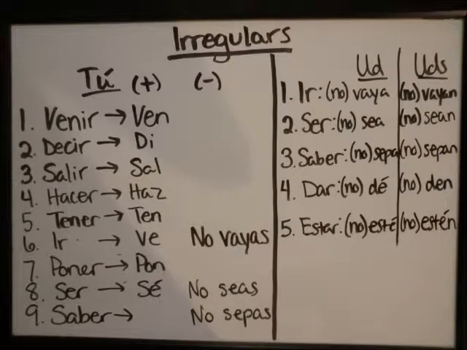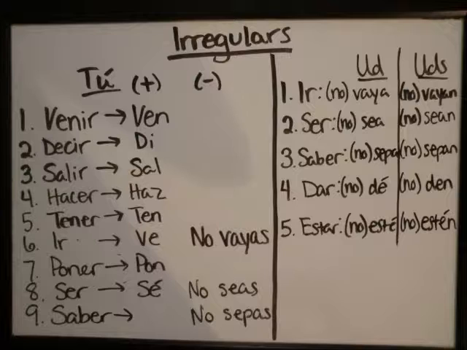These are the examples of the verbs that have irregular conjugation in the imperative form. This means that you can't follow the rules that we've already discussed in this video for these specific verbs. On the left-hand side of the screen, you see a list of verbs that have irregulars in the tú form. This just means that whenever you're conjugating these in the tú form, you have to use these conjugations. You don't have to add any other endings or change them further than what you see listed here.